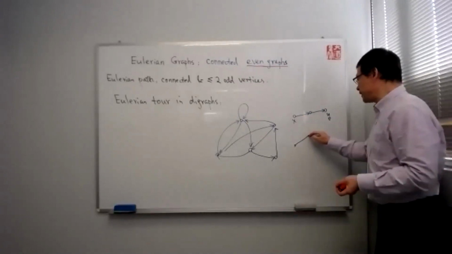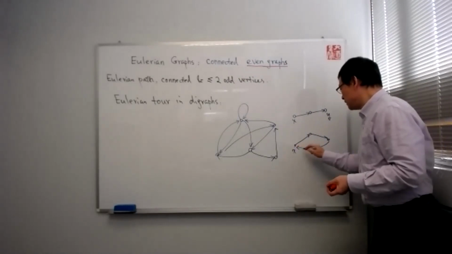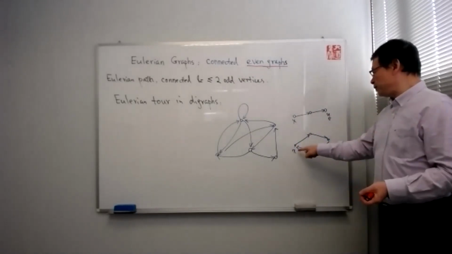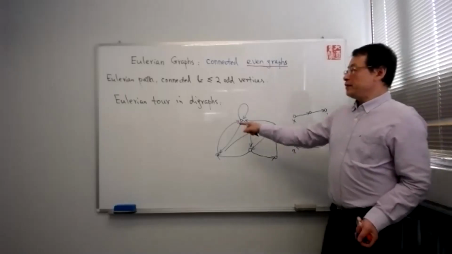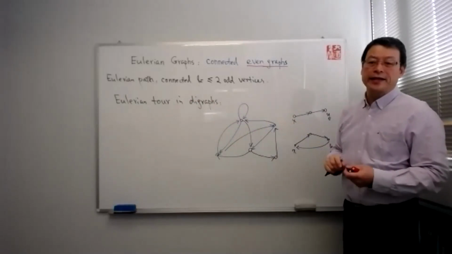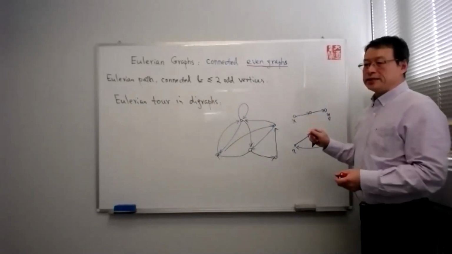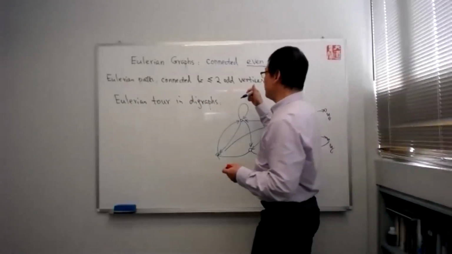Another notion is strong connectivity. If a digraph contains an Eulerian tour, it's always strongly connected, but in the statement, weak connectivity will be good enough. So what is required is connected.